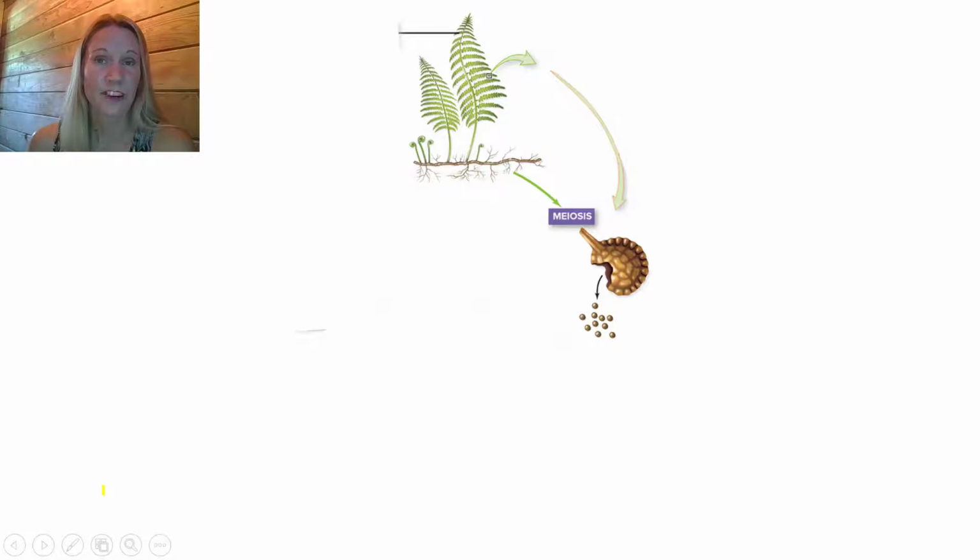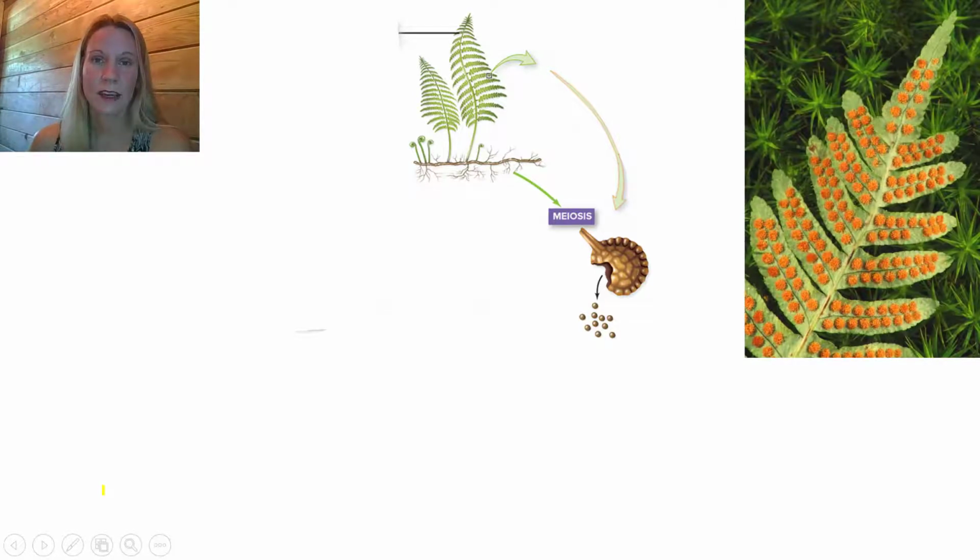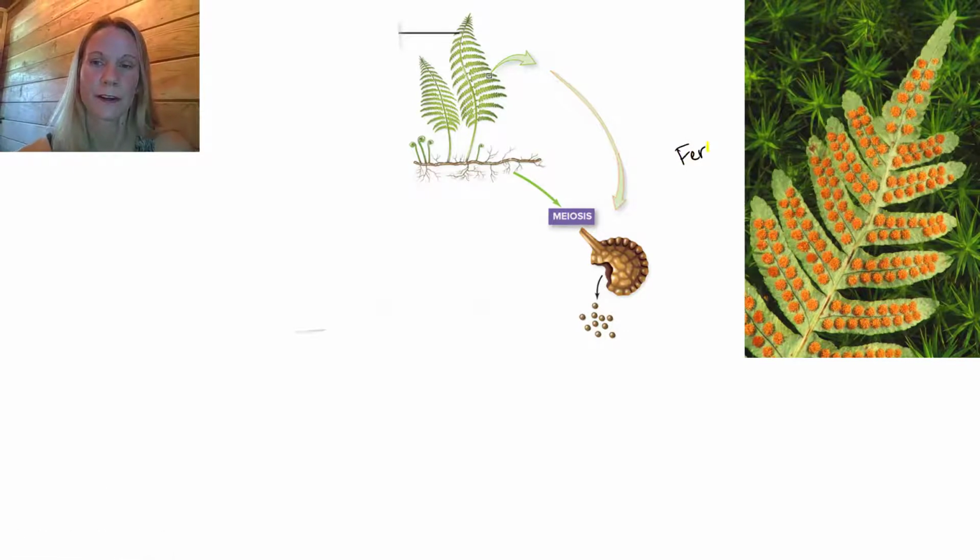So remember, ferns are sporophyte dominant, meaning the sporophyte is the largest structure of the plant. So when you're looking at a fern, what do you see? Well, you see a part of the fern that we call the frond. Okay, so this is called the fern frond, this part here.